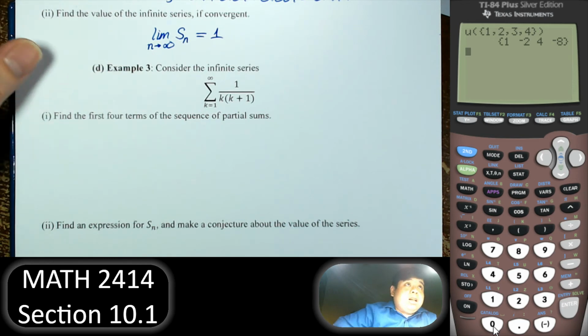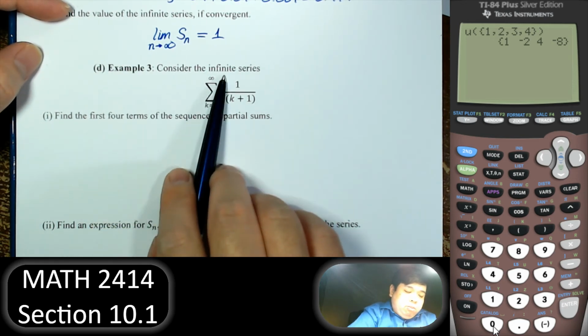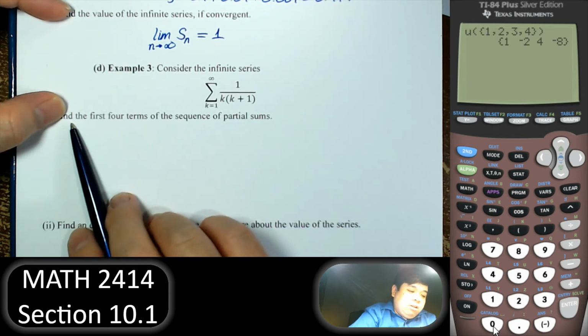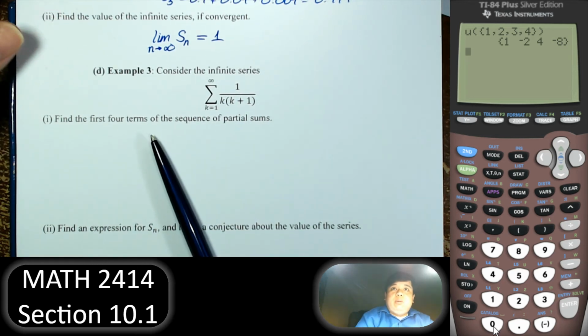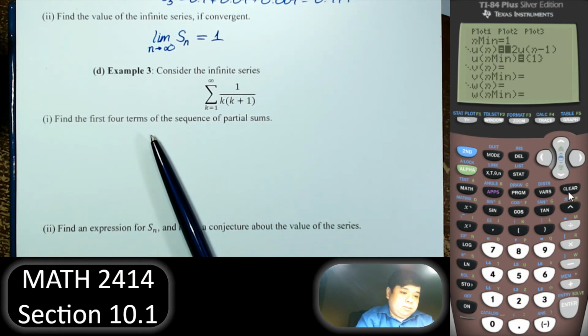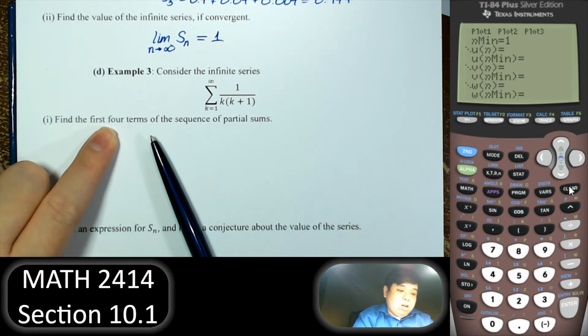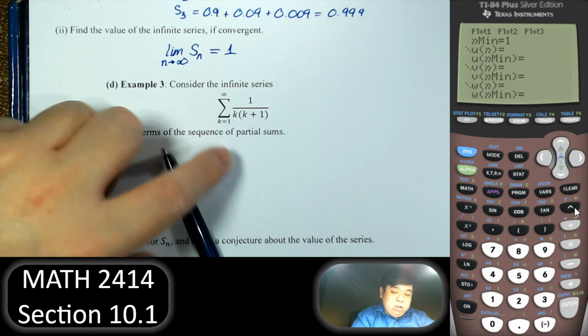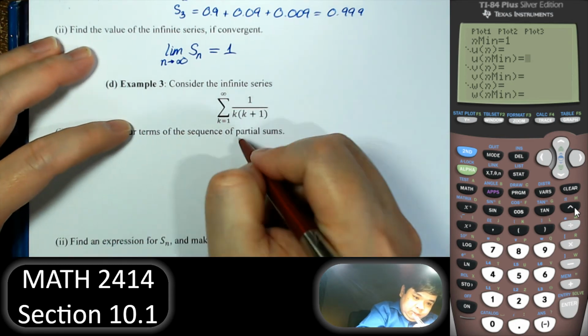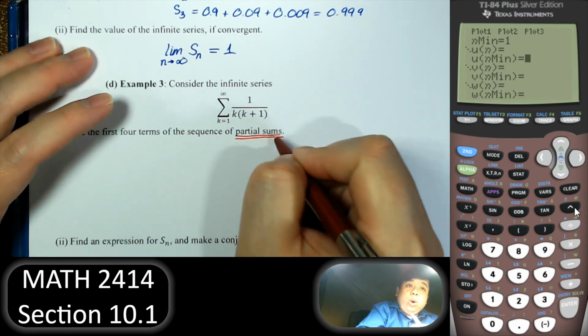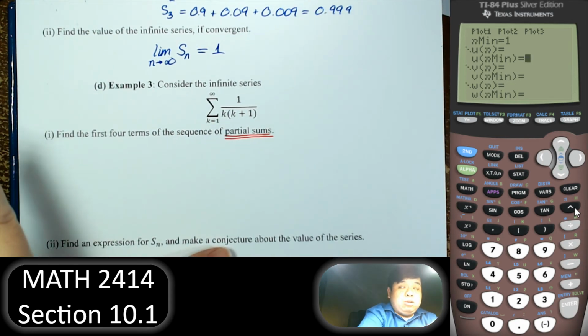This one, consider the infinite series of that. For the first 4 terms, the partial sum. I will use the calculator here. Notice this is the first 4 terms of the sequence of the partial sum. So we are not finding the first 4 terms of the sequence.